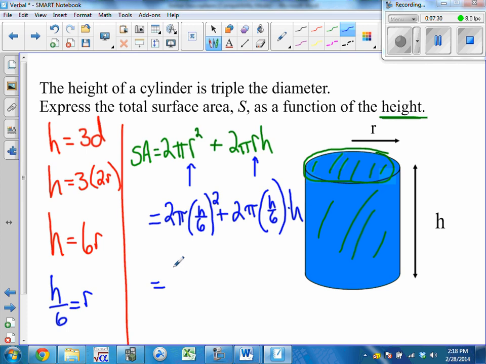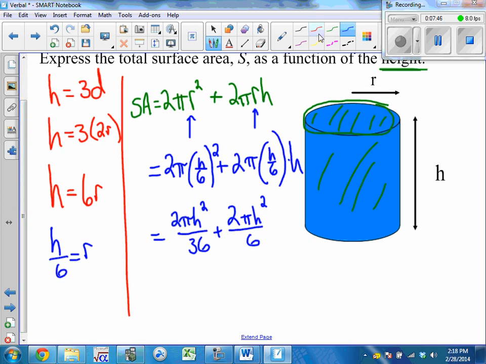And if we simplify a little bit, I get 2 pi h squared over 36 plus 2 pi h squared over 6. Now, if we want to try to get common denominators here, I am going to multiply by 6 over 6.